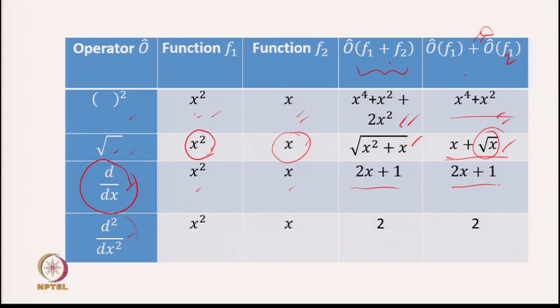And similarly, you can see about this double differential. You apply it to x square plus x, you will get 2. If you apply separately, first on x square, then on x and sum it, you will again get 2.